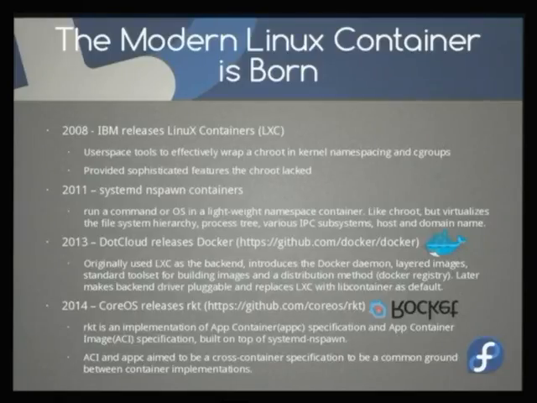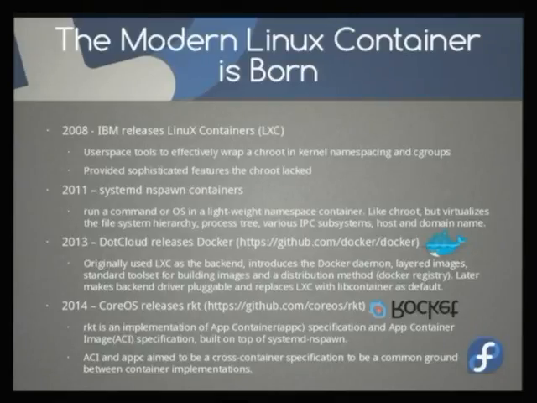These images are redistributable, and you can create instances of these images inside of containers. This was originally implemented in LXC, so it built upon some of what came before it. The greater Docker community then rewrote a lot of that into what's called libcontainer. There are also many other aspects of it, but it adds some sophisticated features, and we'll talk a little more about Docker in a minute.